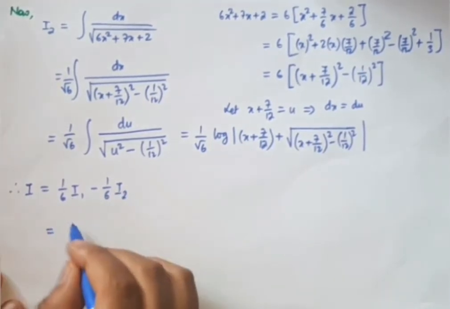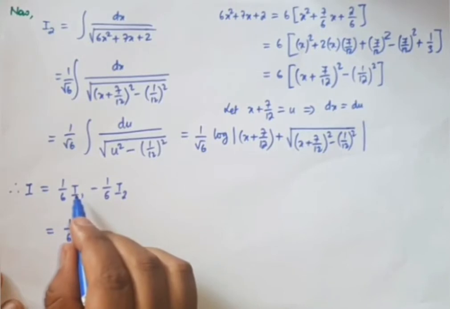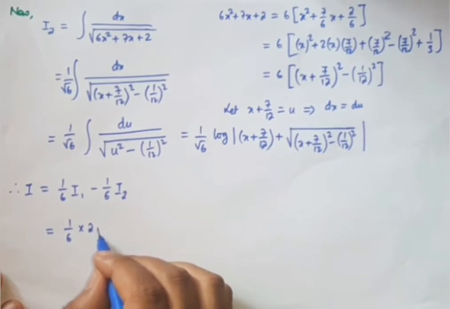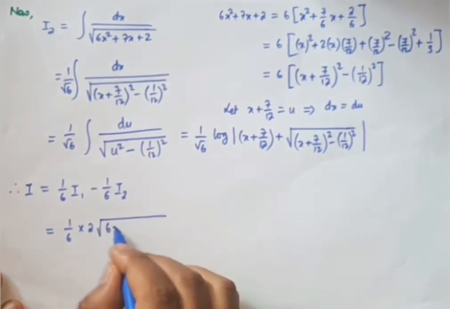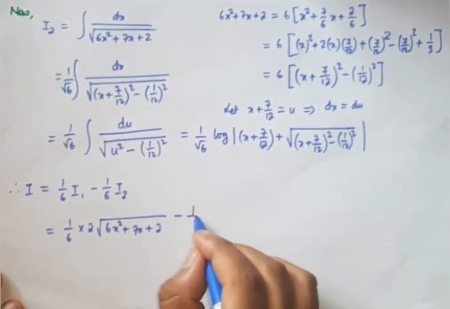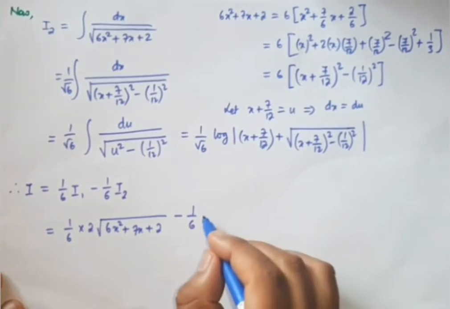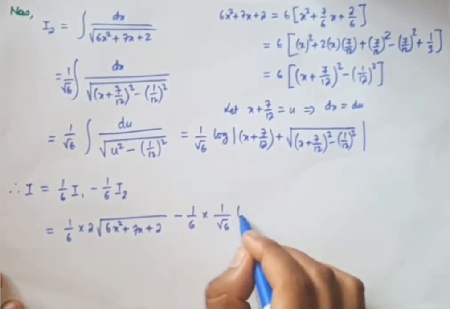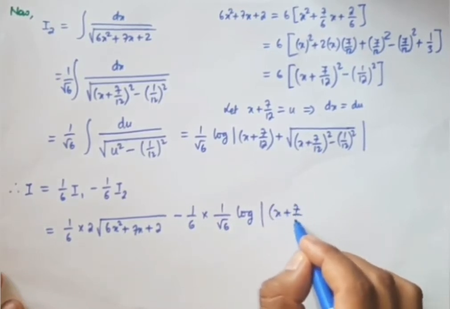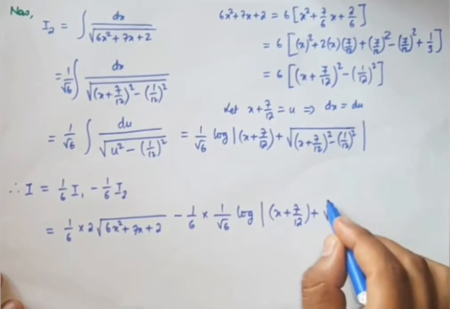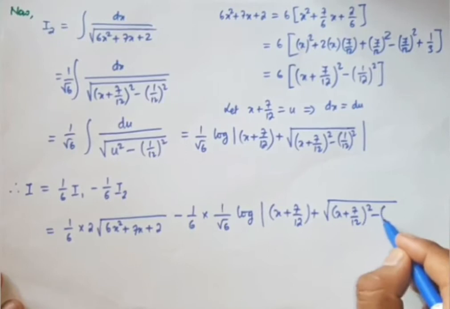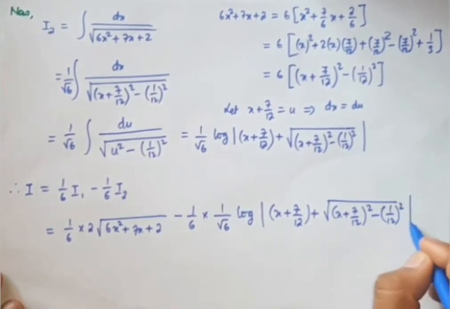Okay, so let us substitute the value of I1, 1 by 6, and what is I1? I1 turned out to be 2 square root of 6x square plus 7x plus 2 minus 1 by 6. Now I2 turned out to be 1 by root 6 log of x plus 7 by 12 plus the square root term.